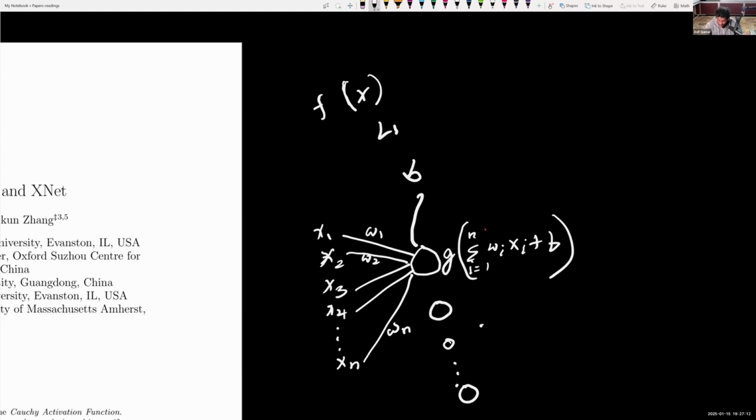Now, to get the final output, let's say we have a single neuron. This single neuron will take a weighted sum of all these L1 neurons' outputs and then apply activation function G to it, and that will be your final output.